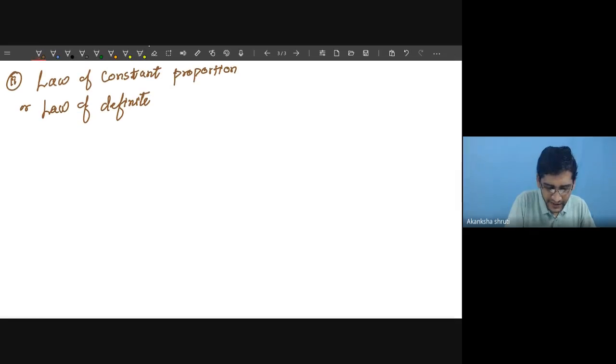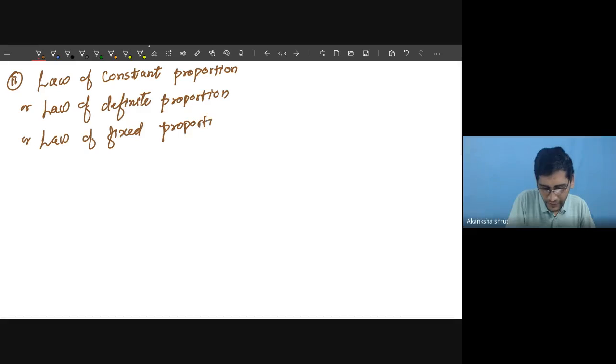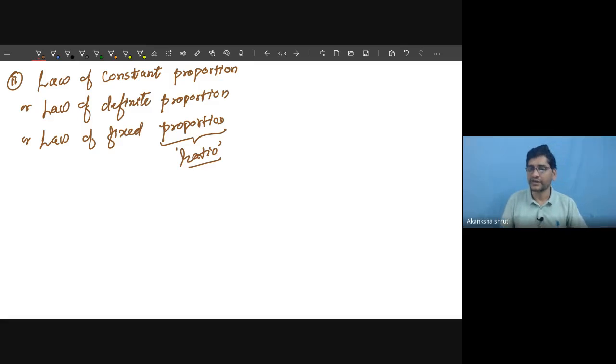Definite means something fixed, proportion means ratio. Sometimes it is also called the law of fixed proportion. In place of proportion, sometimes it is also called ratio, simply meaning proportion. So the term ratio may be written there.